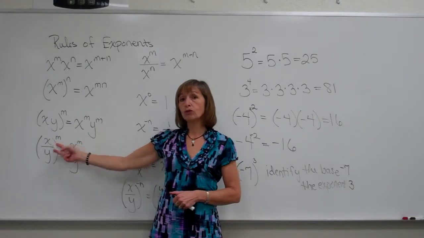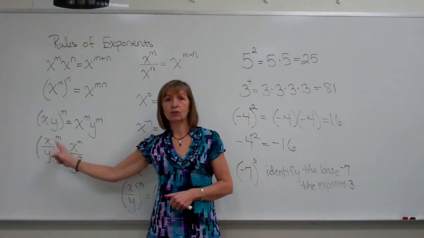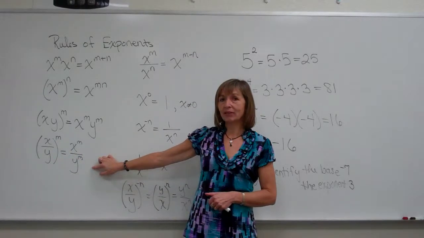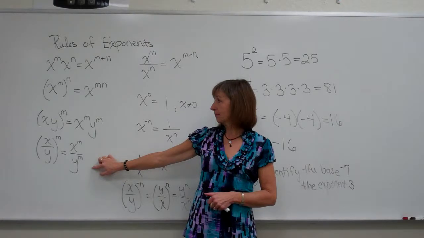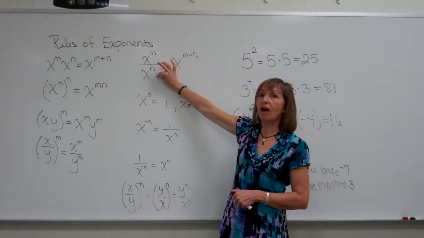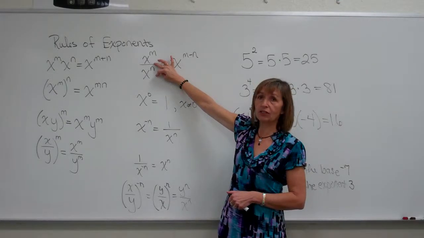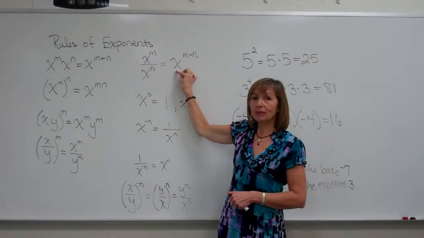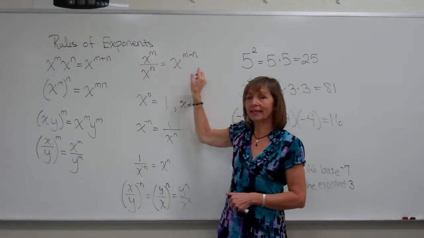If I have a quotient that's grabbed in parentheses to an overall power, each the numerator and the denominator gets the exponent. If I have a quotient of exponential expressions that have the same base, we're going to keep the base and subtract the exponents.